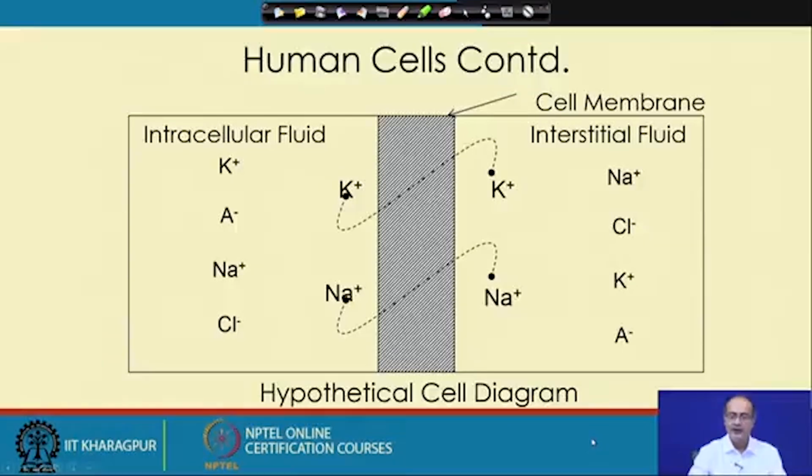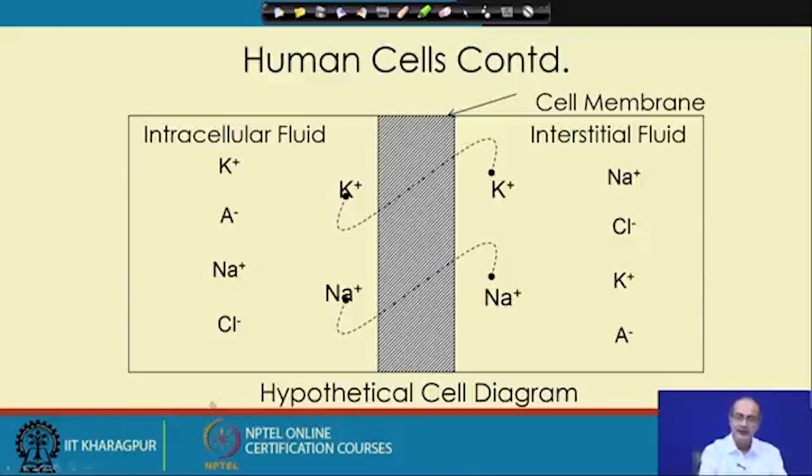So, here we have a hypothetical cell diagram. On the left hand side we have the intracellular fluid, or the cytoplasm, and outside we have the interstitial fluid, the fluid which is stored in the tissue. Both of them have concentrations of sodium, potassium, chlorine and other anions.